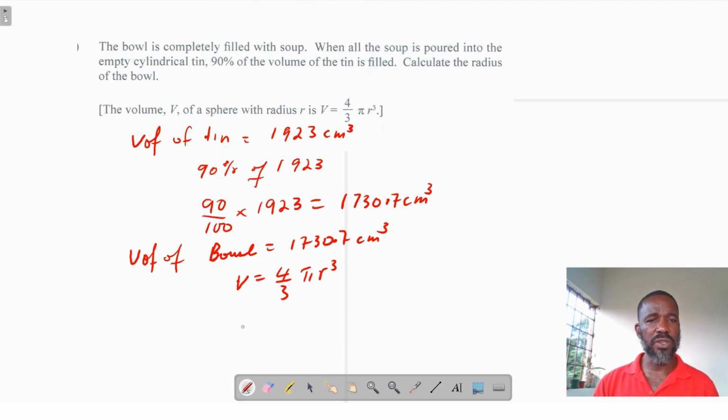Basically now what we are going to do is fill in those missing terms. So we have 1730.7 is equal to 4 over 3, and they told us to use pi as 22 over 7, multiplied by r cubed, which we don't know.